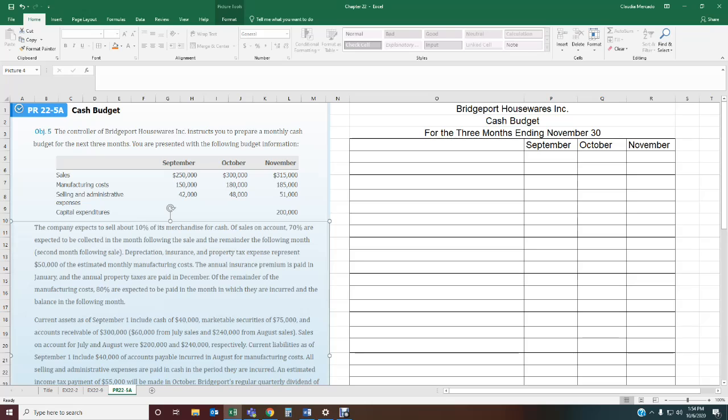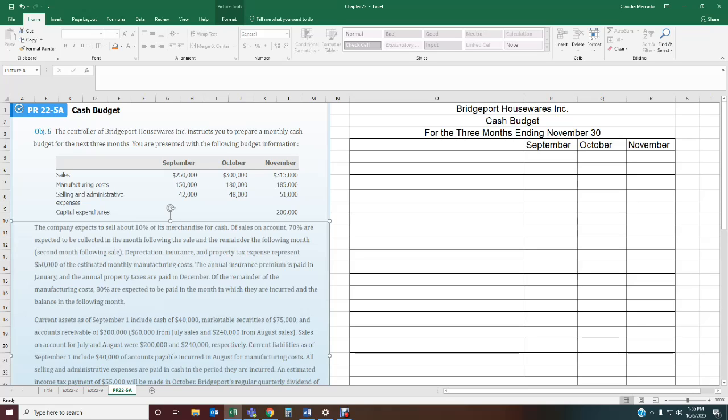Depreciation, insurance, and property tax expense represents $50,000 of the estimated monthly manufacturing costs. So they give us the manufacturing costs here. $50,000 is comprised of depreciation, insurance, and property tax. Now they're telling you here that the annual insurance premium is paid in January, and the annual property taxes are paid in December.